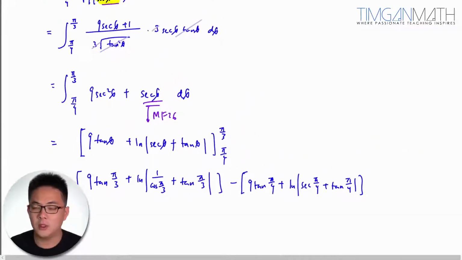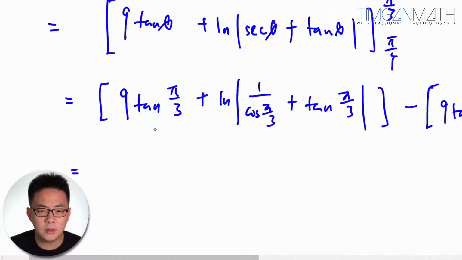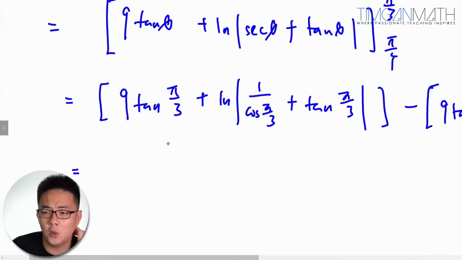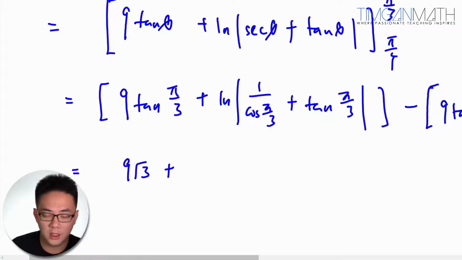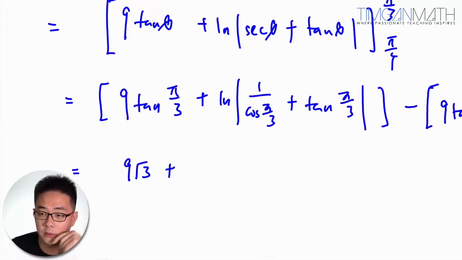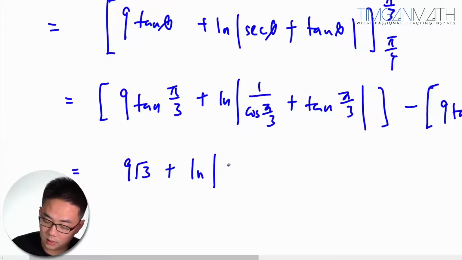All right, so that's pretty okay. Now once you've done that, tangent 60 degrees would be root 3, so this is 9 root 3. For pi over 3, 60 degrees, cosine is a half, so secant will be 2.